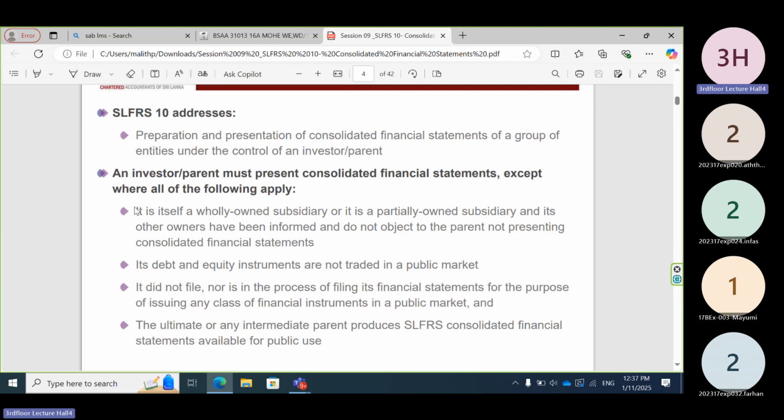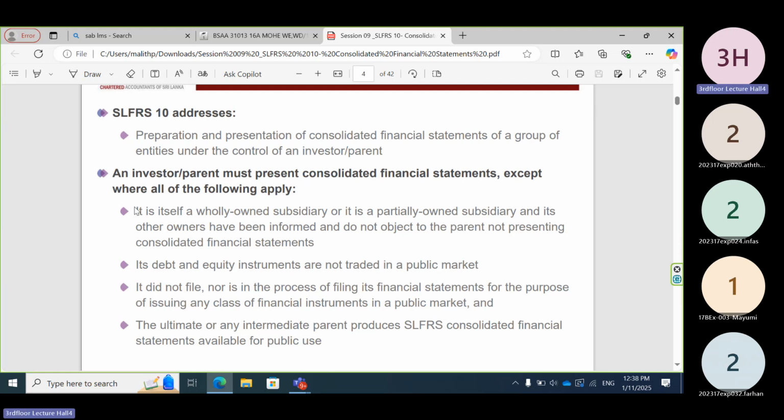And then, we don't have any securities, equity or debt securities, trading in the market. If you don't have that, we can get that exemption.